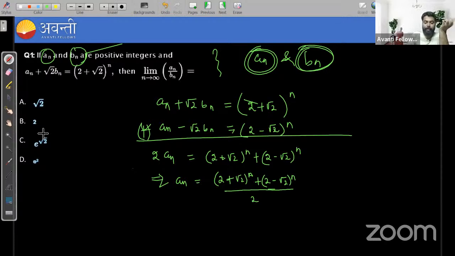How can we find bn actually, right? So let's see, if it is my equation 1 and this is equation 2, if we subtract one from the other, what will we get?